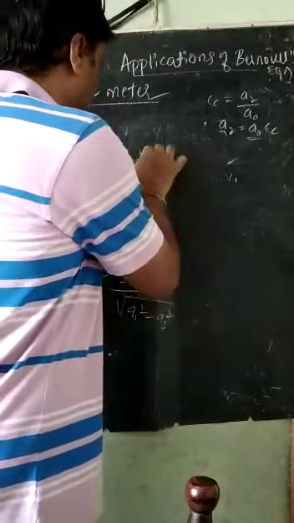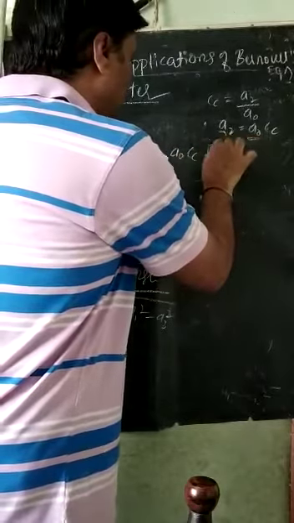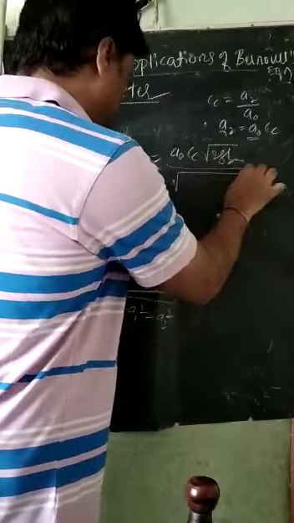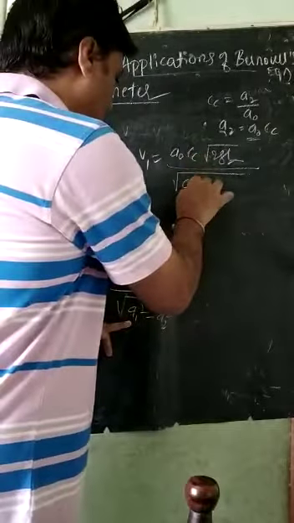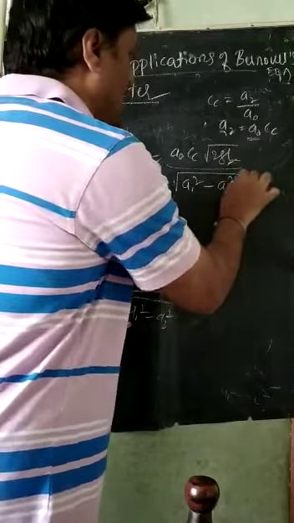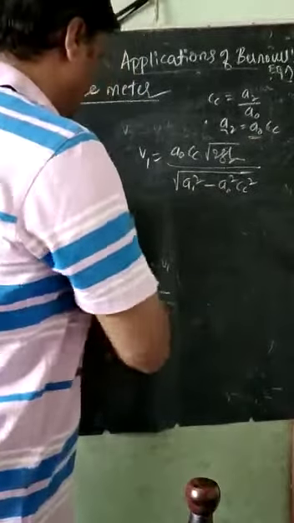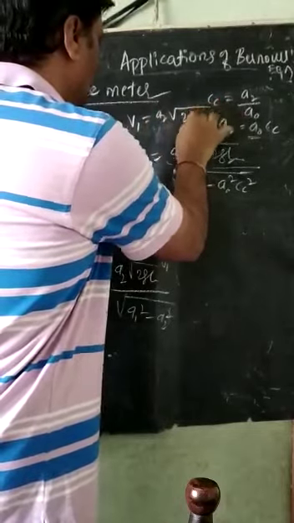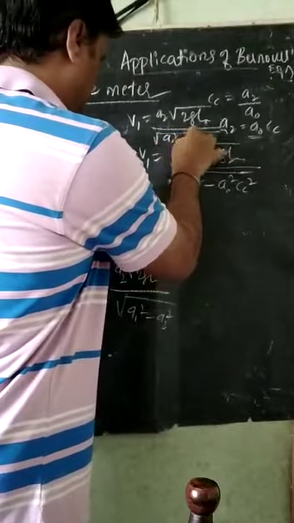So Q is equal to A0 into Cc under square root of 2gh divided by square root of A1 square minus A2 square, where A2 square means A0 square and Cc square. I will write this once again: Q is equal to A2 under square root of 2gh divided by A1 square minus A2 square.